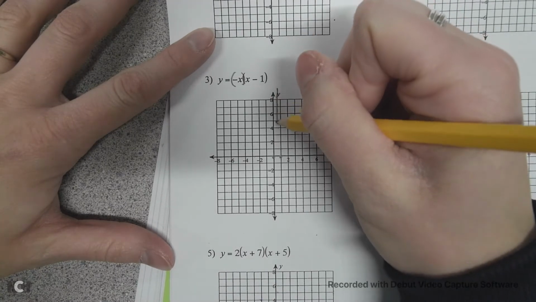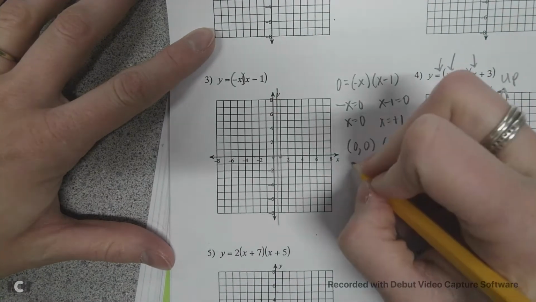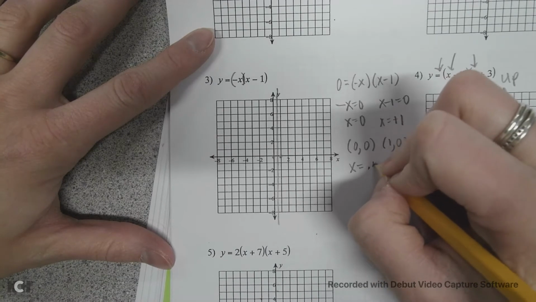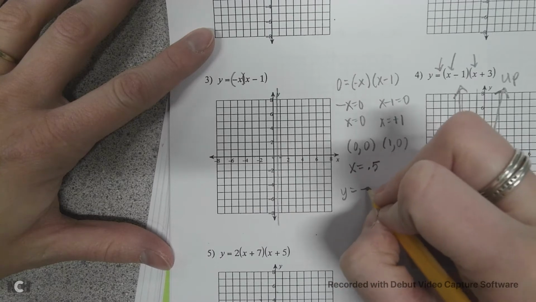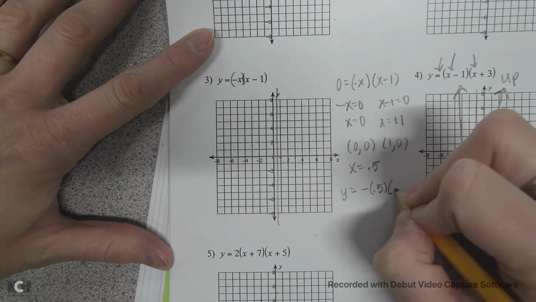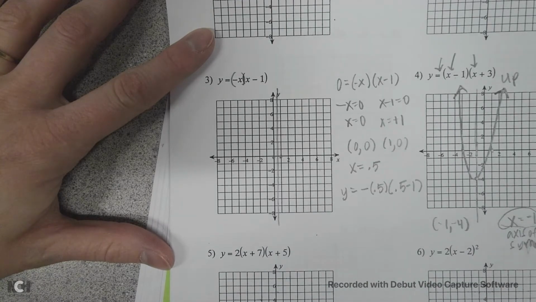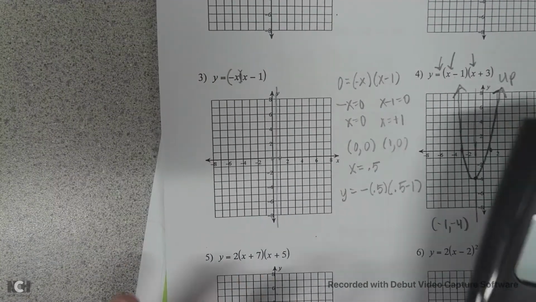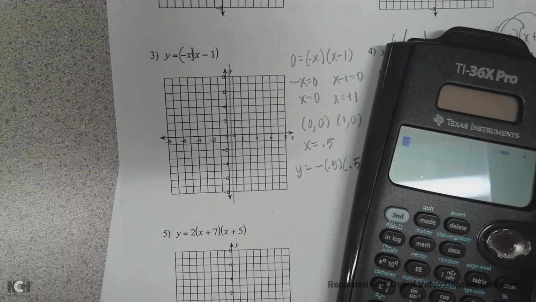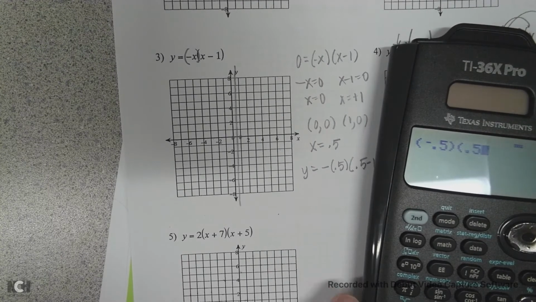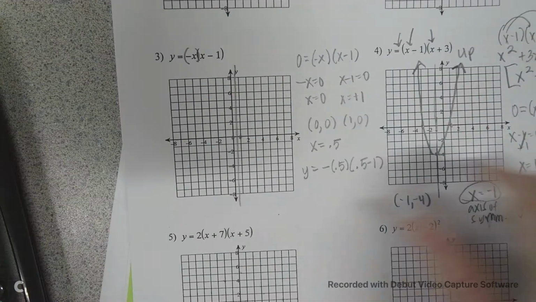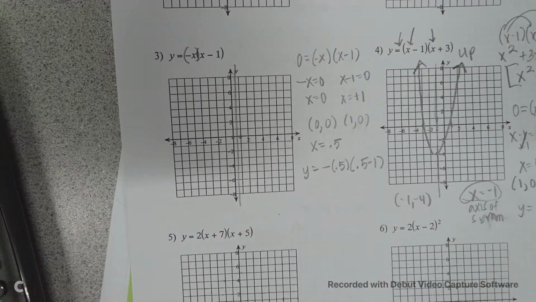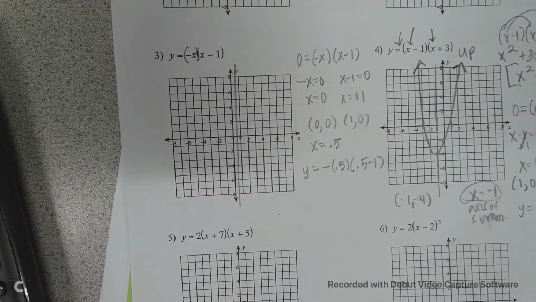My axis of symmetry cuts this guy in half, which is going to be an x value of 0.5, which is fine. So then we plug 0.5 in. So we have y equals negative half times a half minus 1, and we figure out what that is. Okay, so negative 0.5 times negative 0.5 is 0.25.